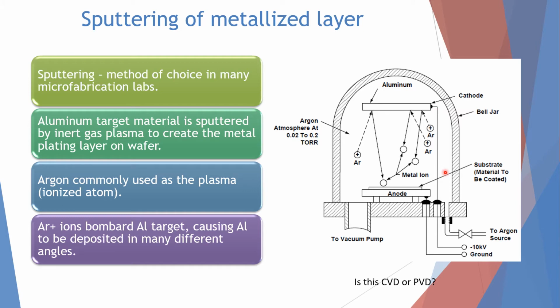What happens is the argon gas is used as the plasma, which is the ionized ion, and it is sputtered towards the cathode, which is the aluminum, and then it makes the aluminum ions bounce and go towards the anode. So this Ar plus ion bombards the Al target, causing aluminum to be deposited at many different angles. Then it can go to the Si wafer layer.